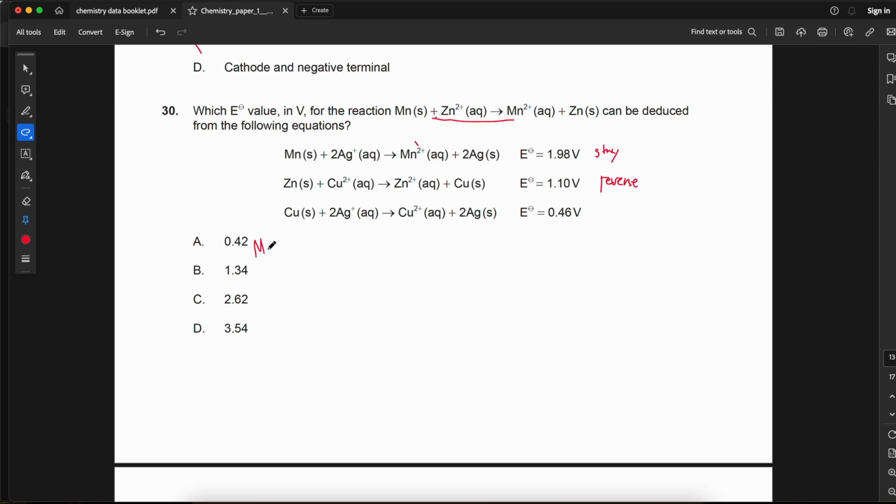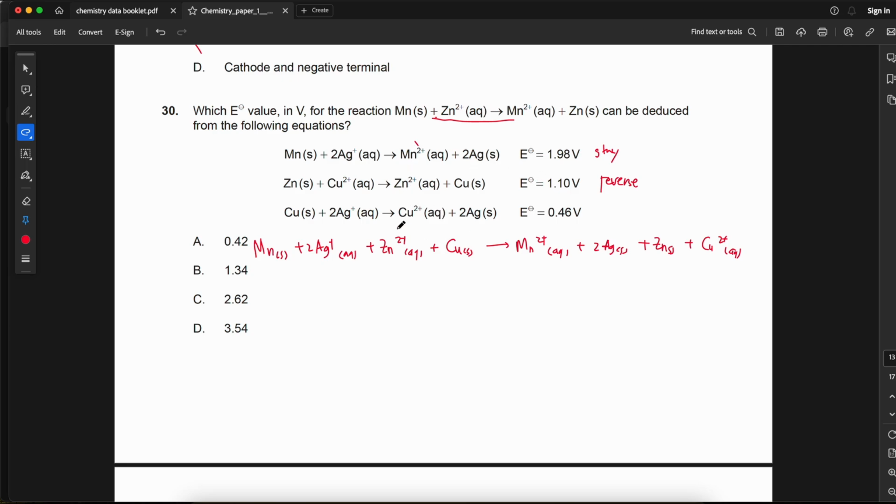If we take this one to stay the same and this one reversed, I will write it down here. So Mn solid plus 2Ag+ aqueous, plus this one will be on the reactant side, plus Cu solid, produce Mn2+ aqueous plus 2Ag solid plus zinc solid and Cu2+. Okay, what will happen now? Next, subtract the third reaction, which is part of the combined reaction, as it's in the opposite direction.